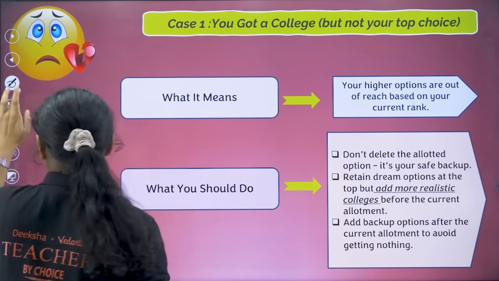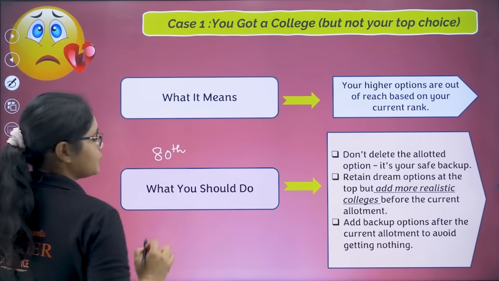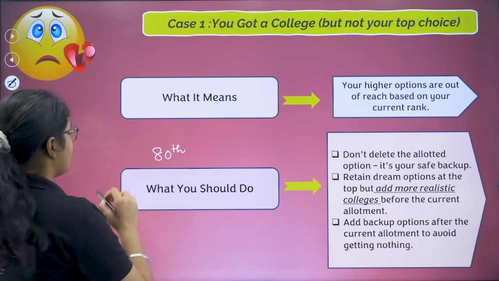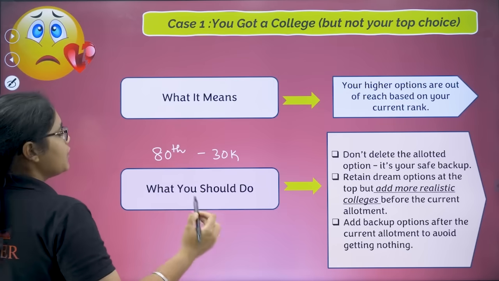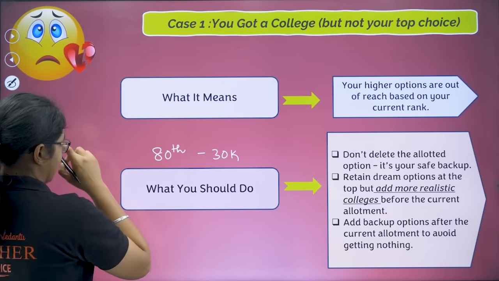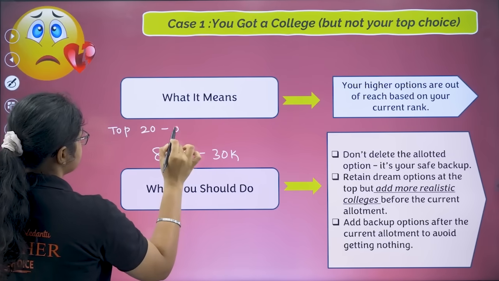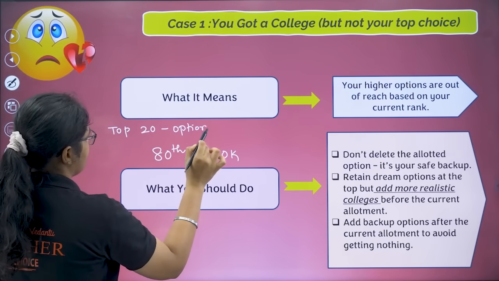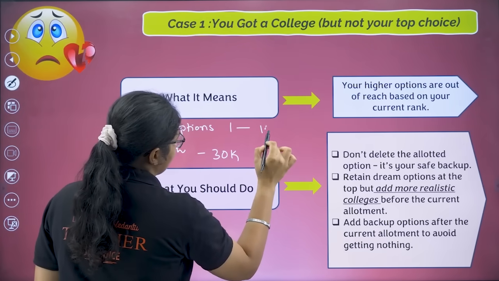Let me give you an example. Suppose you have got the 80th college in your list, and your rank is 30,000. What you can do is add the top 10 or top 20 options, the best colleges from rank 1 to around 10k.